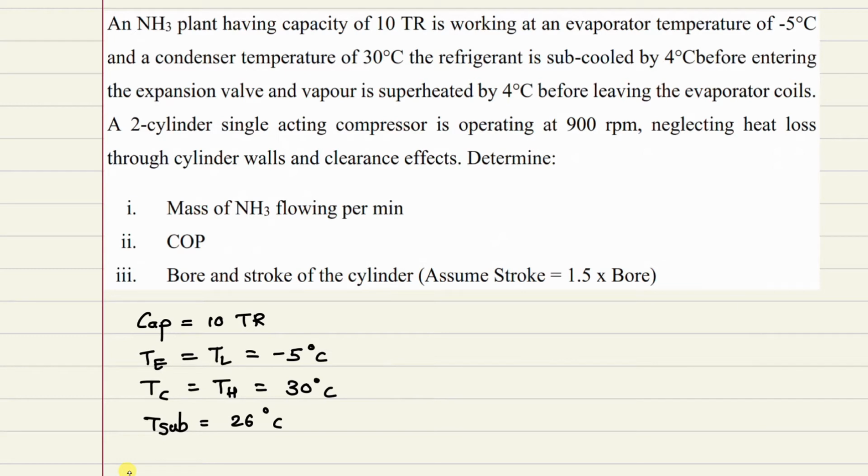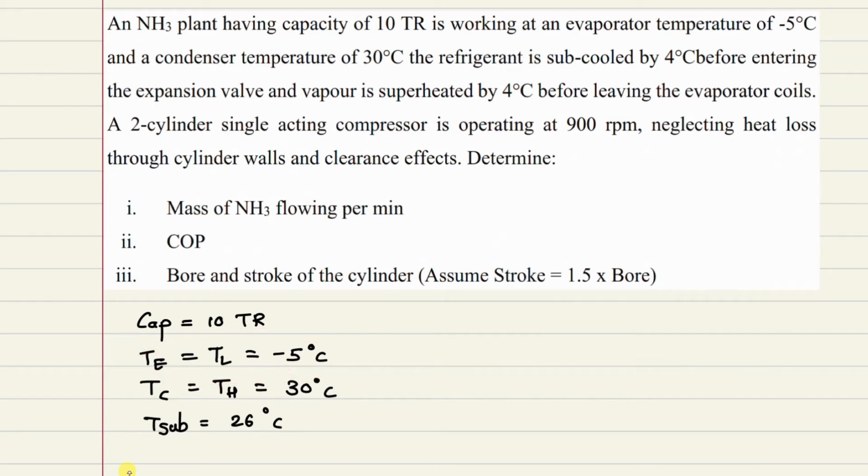So subcooling has been given in the question before entering the expansion valve, and the vapor is superheated by 4 degrees Celsius. So this is the degree of subcooling and this one is the degree of superheat. So 4 degrees Celsius means what will be the point here? It will be for point number 1, compressor inlet, and the lower temperature is minus 5.